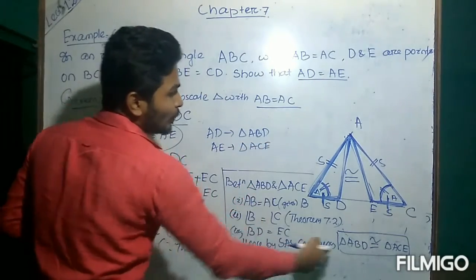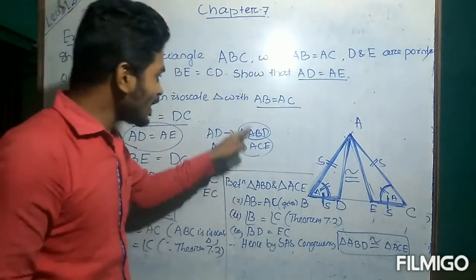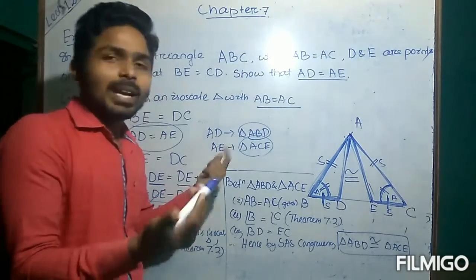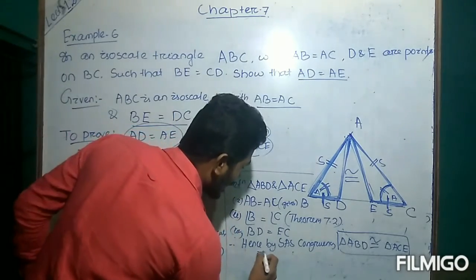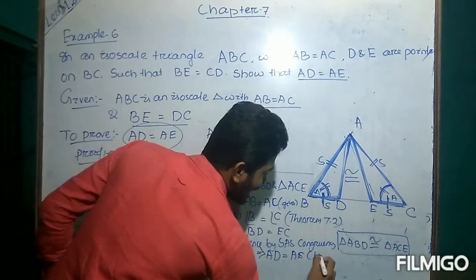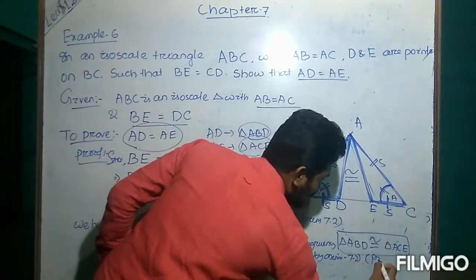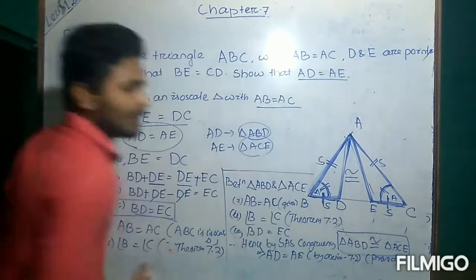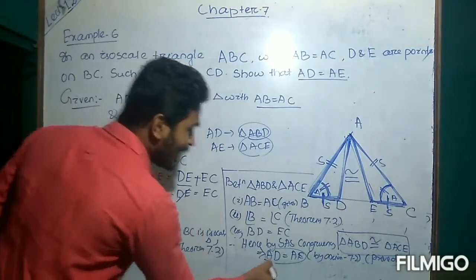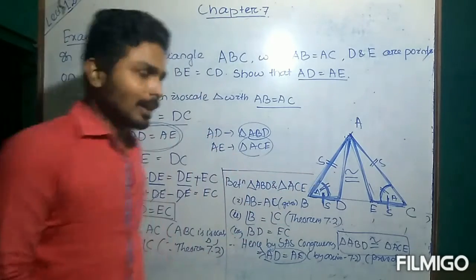But what we get? We get that this triangle and this triangle are congruent. Since these two are congruent, then we can write that AD is equal to AE. Hence we can write AD is equal to AE by axiom 7.2. Now it is proved, and we need to prove this statement. AD is equal to AE, and we have proved it. Understood?